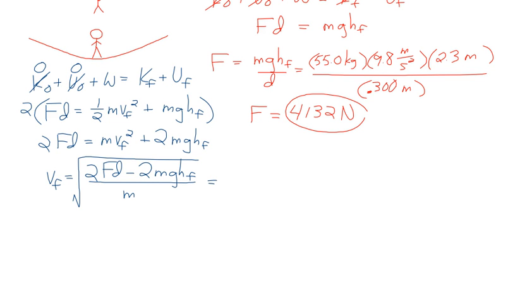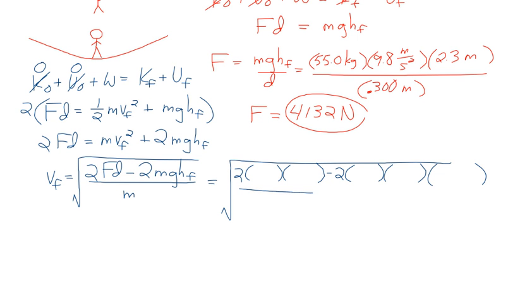And if we solve all of this, we're going to get 2FD minus 2mgh, all divided by M. So for the force, we just got that answer, 4132 newtons. What's the distance?